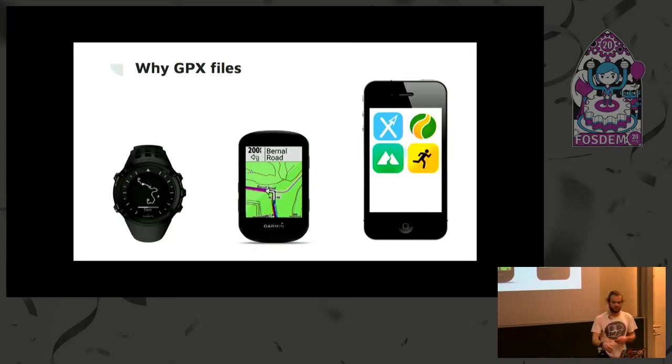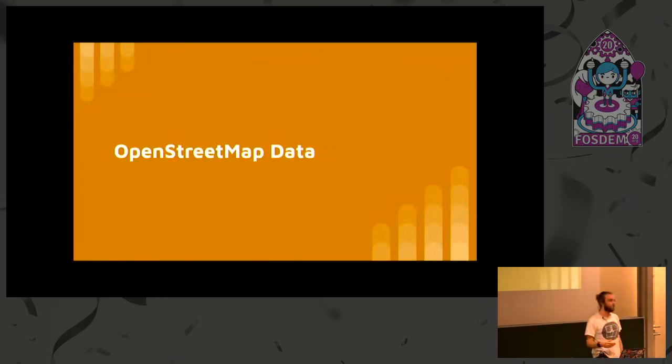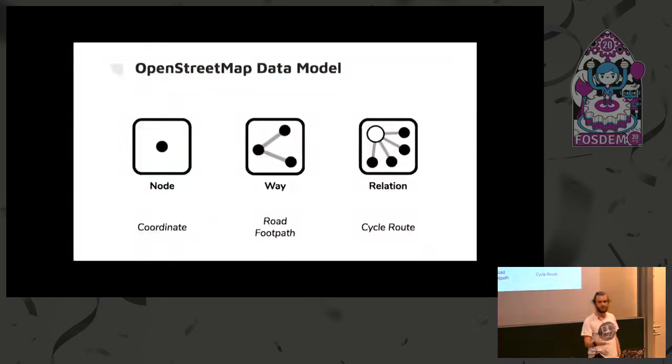So the next section is a little bit of an overview of OpenStreetMap data with relevance to cycle routes. A lot of this will be familiar to people here, but as a quick overview, the OpenStreetMap data model consists of nodes, which are a coordinate in GPS space; ways, which are an ordered collection of nodes, which could represent a road or a footpath; and relations, which are collections of nodes or ways, and that's how a cycle route is stored.